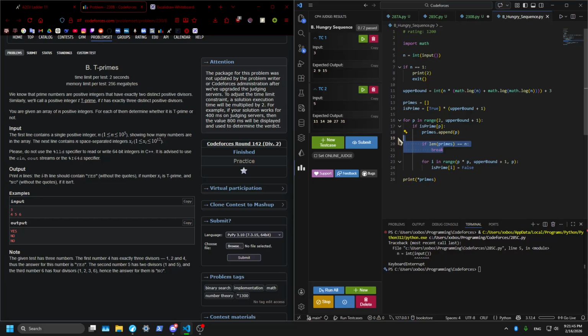Why isn't it upper bound? Because I'm assuming that when I did hungry sequence, this was a modification of the seed to check if primes was equal to upper bound, right?